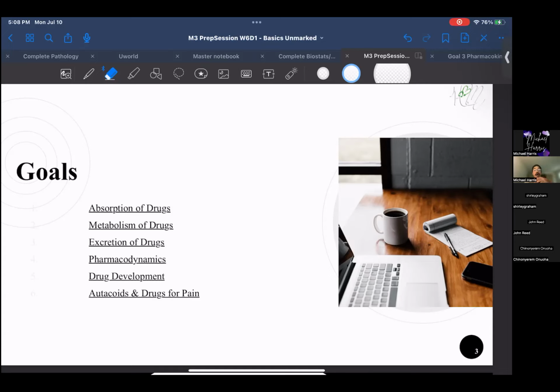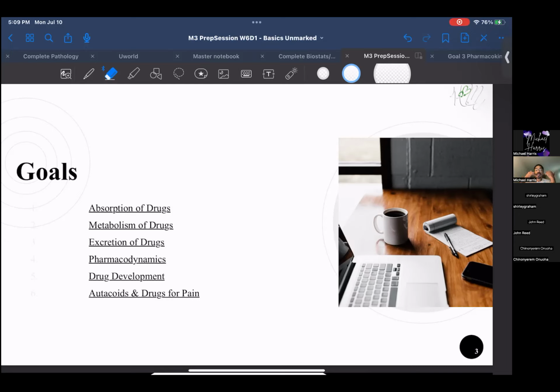All right, good. Now, the next thing is metabolism of the drug. So metabolism of the drug is essentially how is the drug broken down? Is it broken down in the liver? Is it broken down in the kidneys?